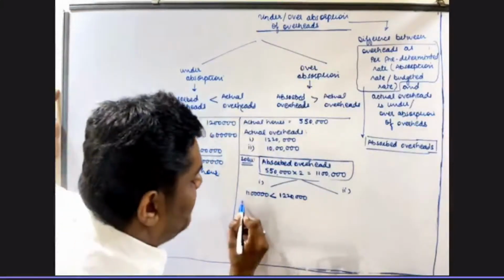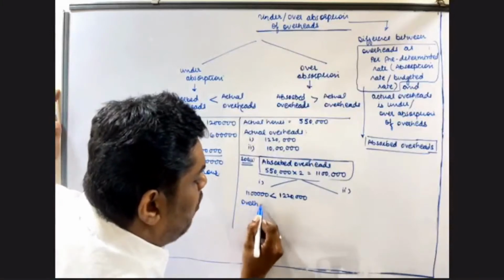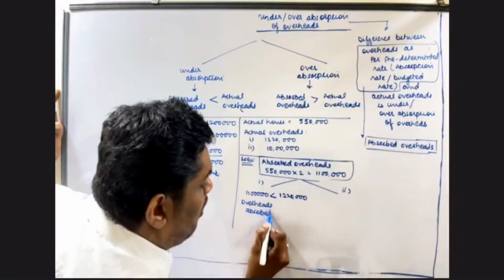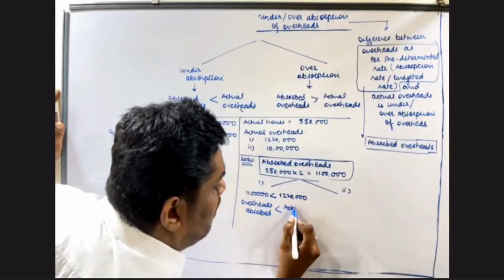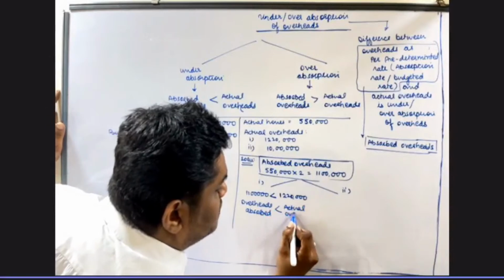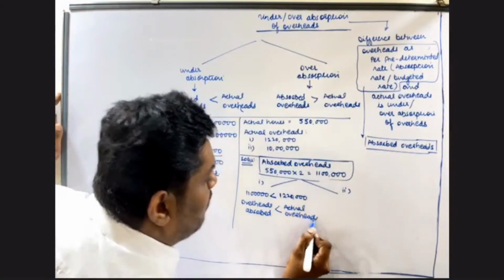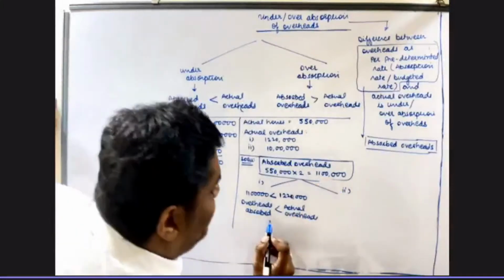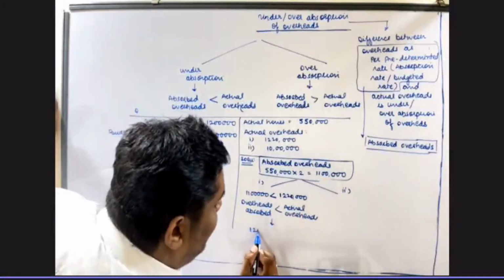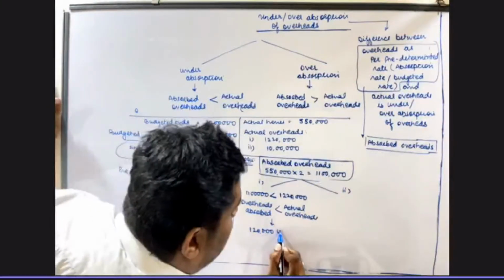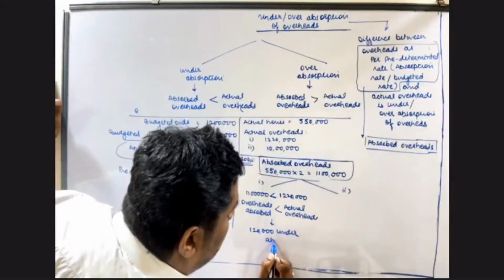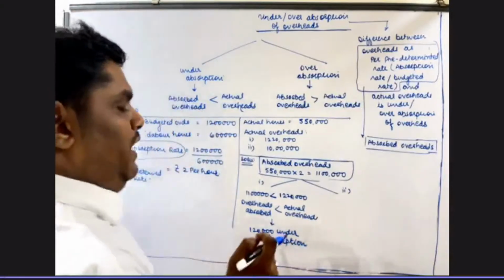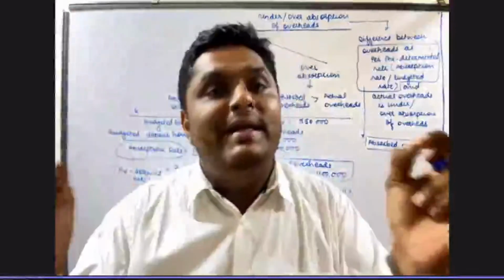My overheads absorbed are less than actual overhead by 1,20,000. So we call it 1,20,000 under absorption. So if overhead absorbed are less, it is under absorption.